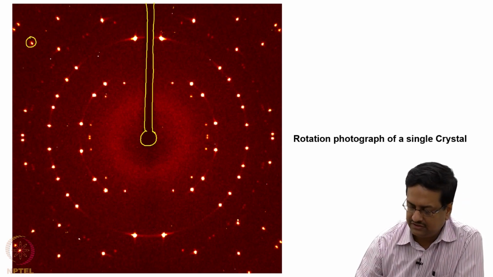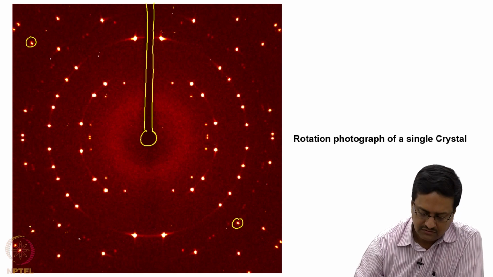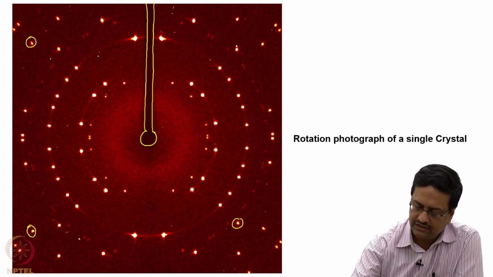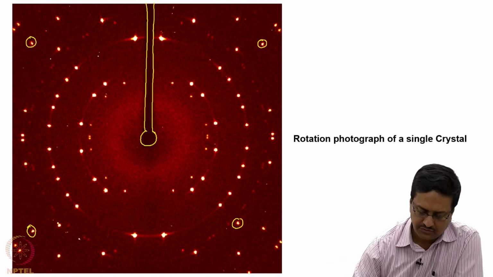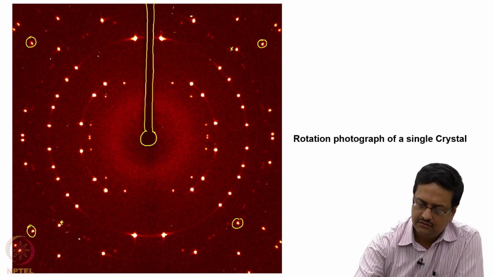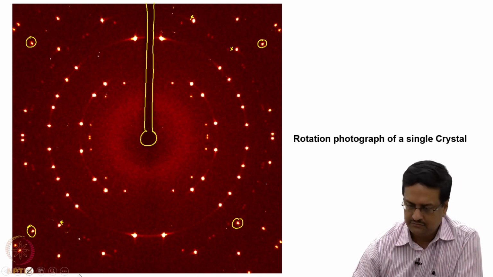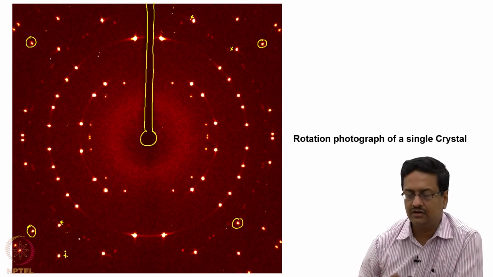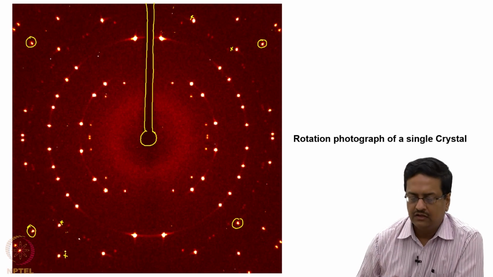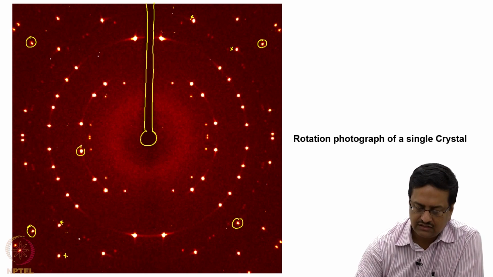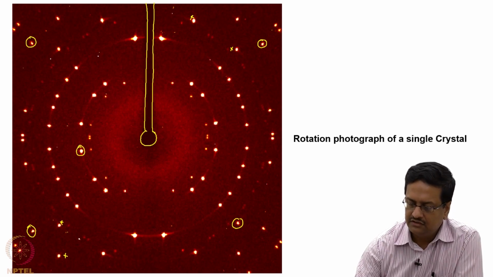This is inverted here. This one is inverted there. This spot is inverted here. This spot is inverted here, and so on. So all these spots which we look at are inverted at some point.